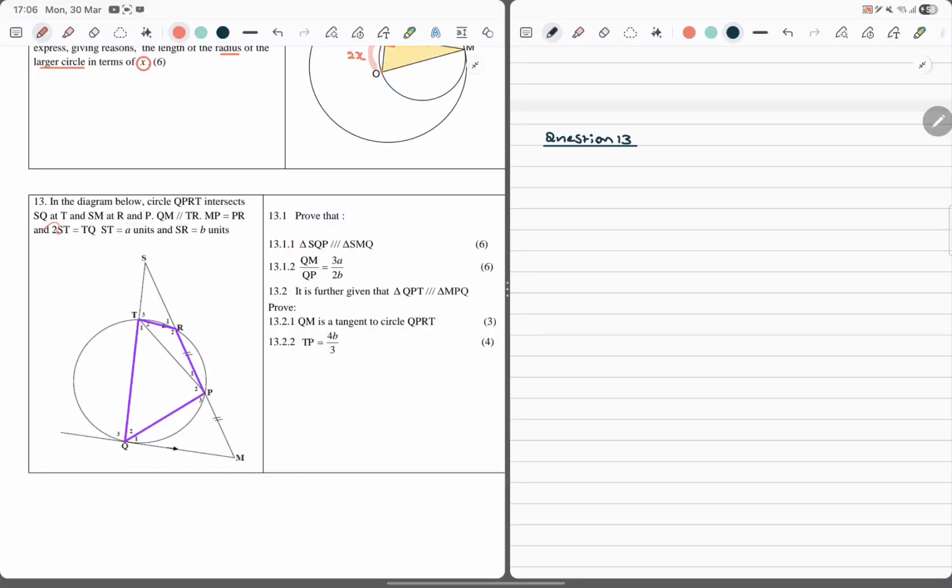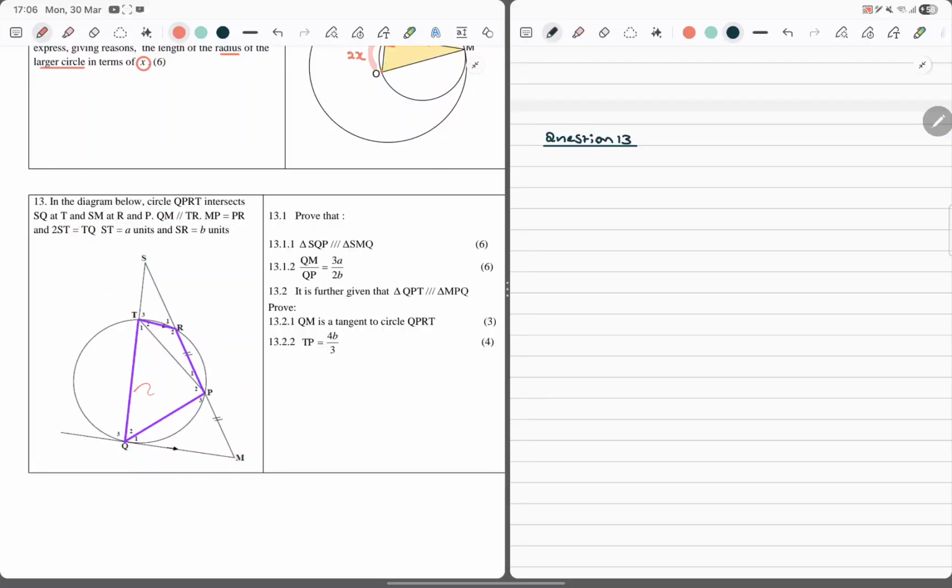The circle intersects SQ at T, okay, that's fine.